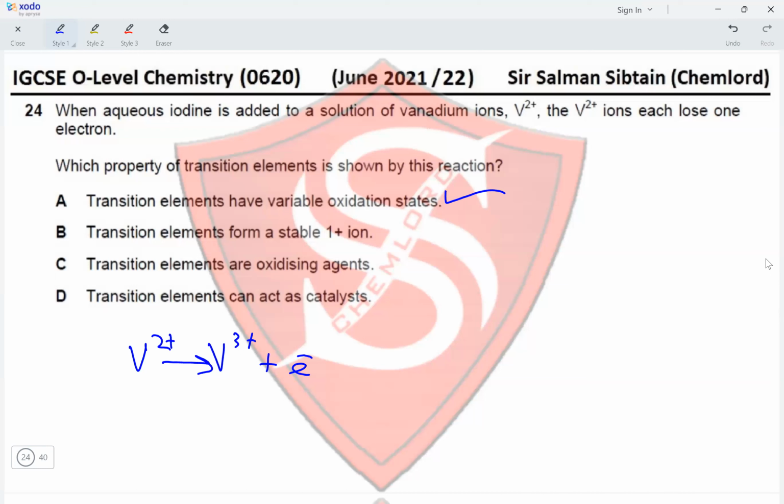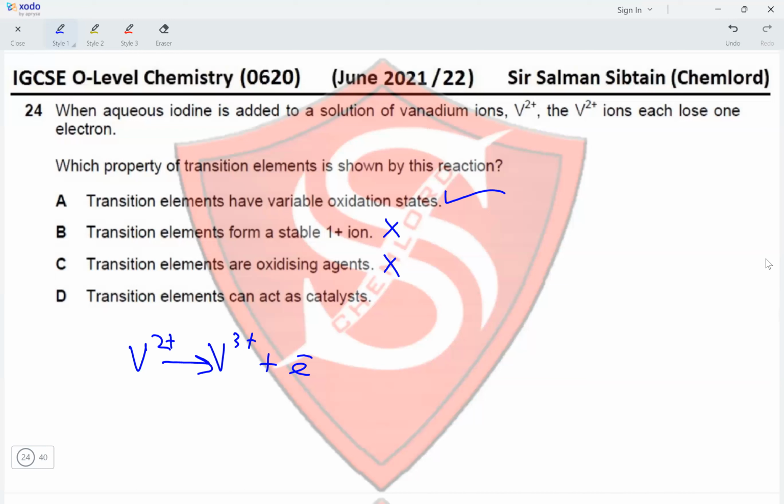Next, transition elements form a stable positive one ion. No, transition elements do not form a stable positive one ion. Transition elements are oxidizing agents. Transition elements themselves get oxidized, so they are reducing agents. And transition elements can act as catalysts.